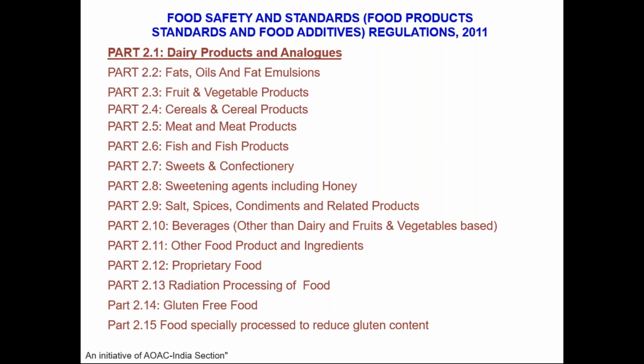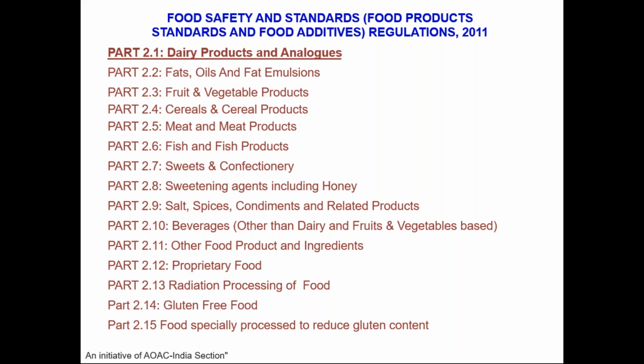So how does one understand or read the food product standards? The standards which form chapter 2 of this section include 15 different sections of food, and they are divided category wise. So you have fats, oils, dairy products and analogs.